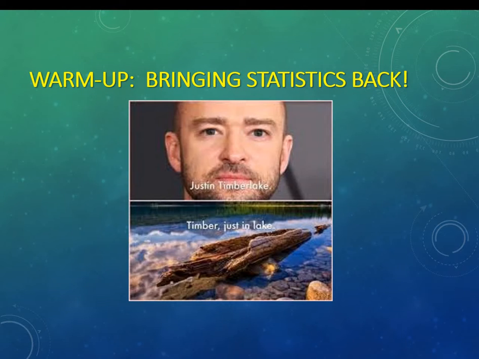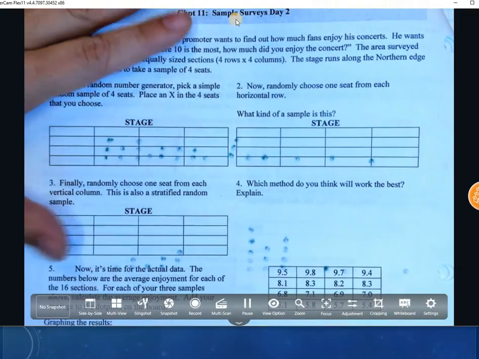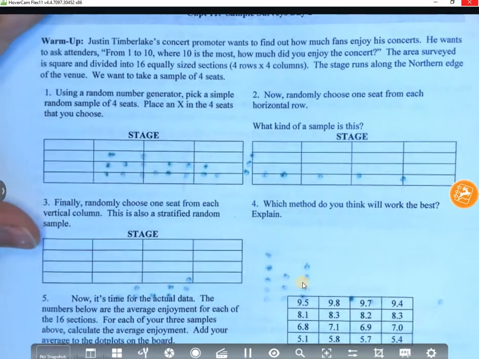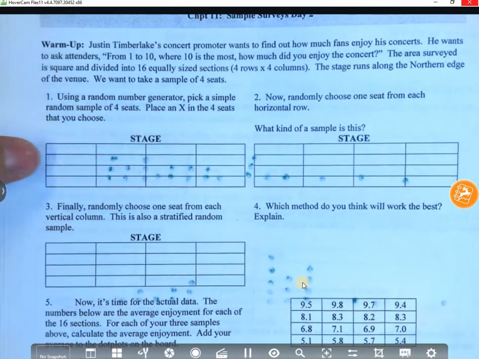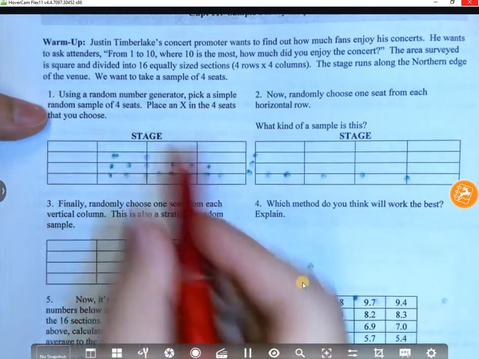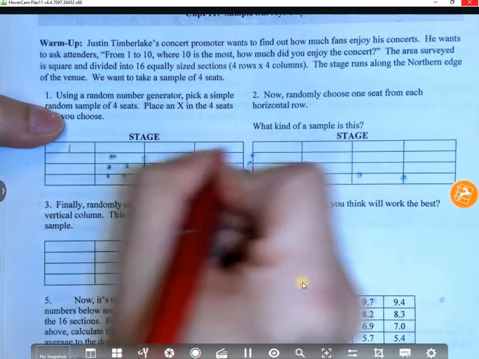So for your warm-up, you were given a sheet that looked like this. Okay? Right? And you were to use a random number table. How you assign your numbers to this, to do the table, I don't care. I probably would have either gone across or down.